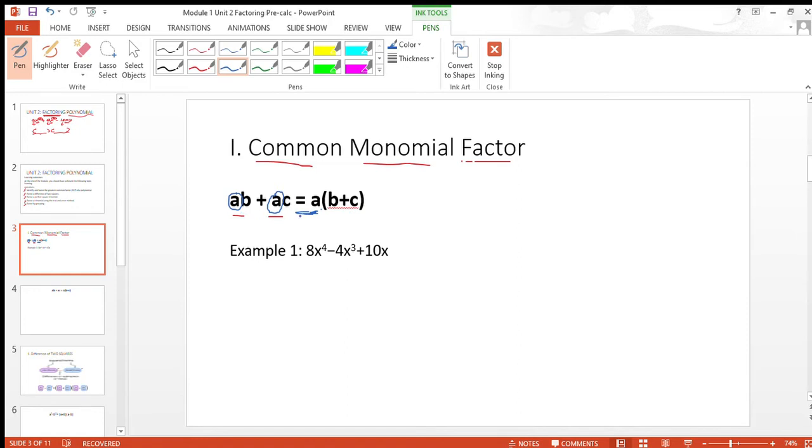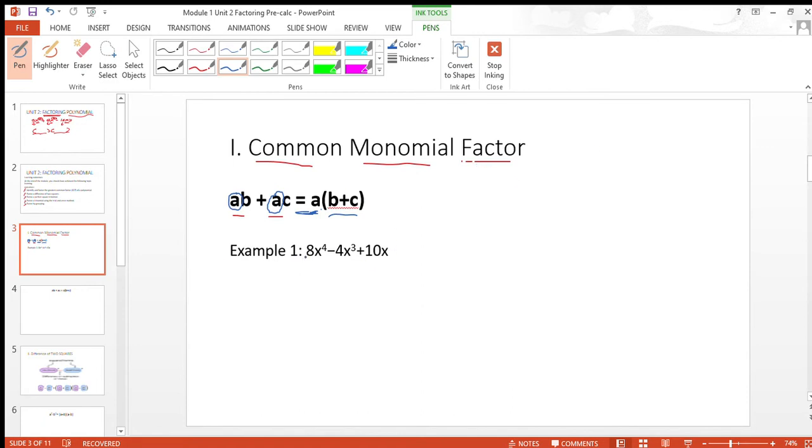So that will be the process. Observe your polynomial, find a common monomial factor, factor out that monomial, then multiply it by the remaining terms. So what will be the terms left here? Just divide each term in the polynomial by whatever term that you have factored out. Let's look at this example. So example number 1, we have 8x to the fourth minus 4x cubed plus 10x. So if we are given an expression something like this, what we can do is inspect.